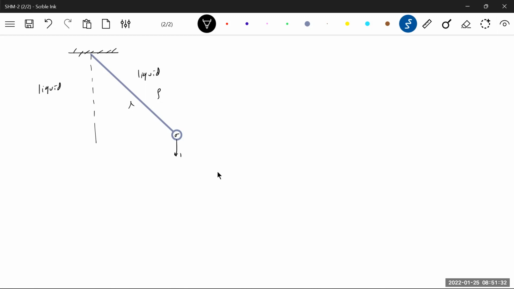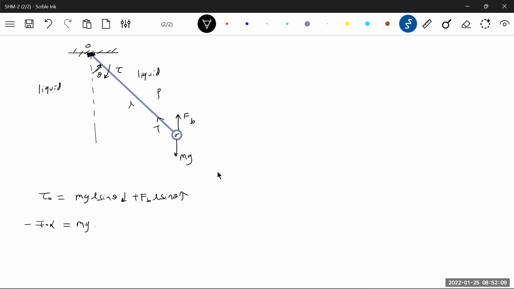The weight mg will act. There's a tension and there's a buoyant force. There's a theta. Then the torque about the point of suspension should be equal to mg L sin theta clockwise, Fb L sin theta anti-clockwise, and this should be equal to I naught alpha. Why I naught alpha? The angular displacement is like this, whereas the torque is in this direction.